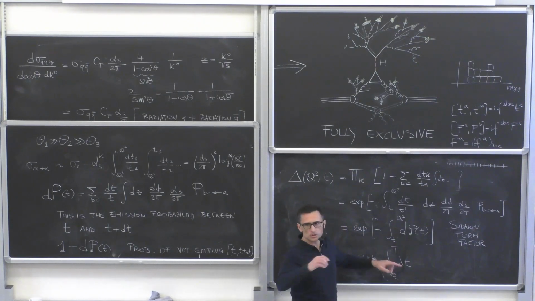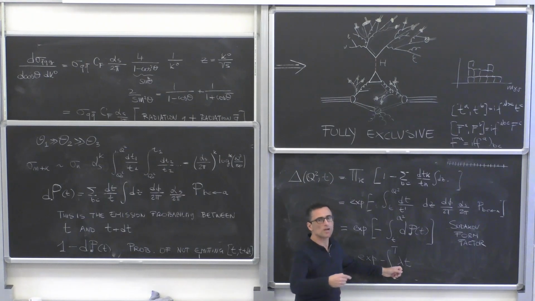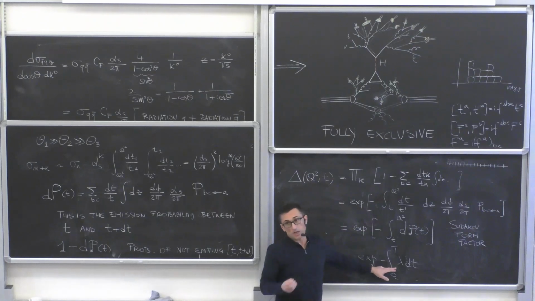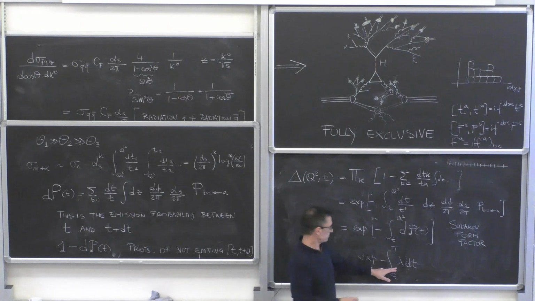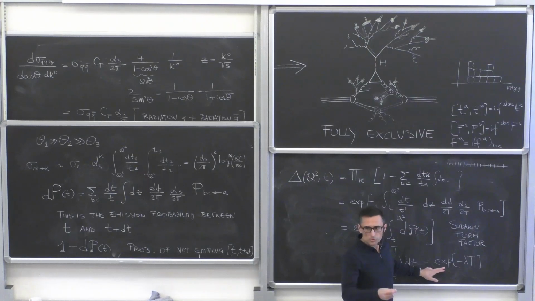If your probability of disintegrating in one second is lambda, and you want your nucleus to survive for a time t, then the probability is this one, the Sudakov. So you have to integrate your probability over time. And if lambda is constant, you get exp of minus lambda t. This is the survival of a nucleus up to time t. It's the same thing, it's a Sudakov.